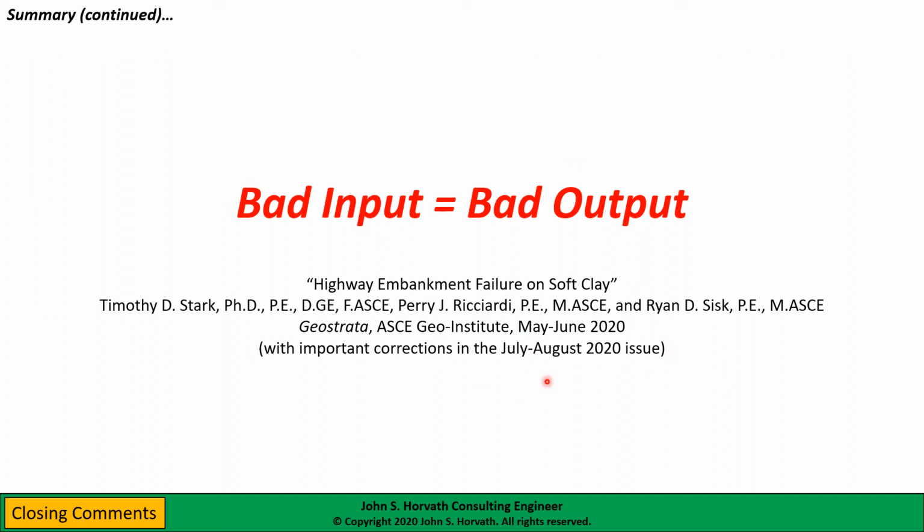This recent magazine article really hit the nail on the head when they said bad input equals bad output. No matter how sophisticated the analysis, finite element method, finite difference method, whatever method you want to use, matrix analysis, it will never make up for poor geotechnical data. You need to do a good state-of-the-art or state-of-the-practice site characterization assessment.